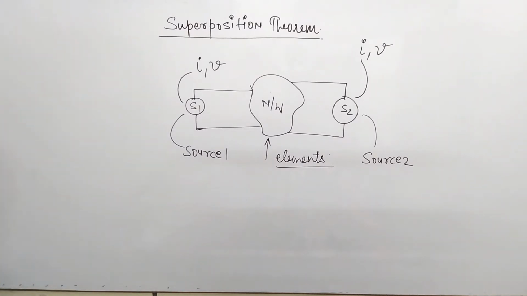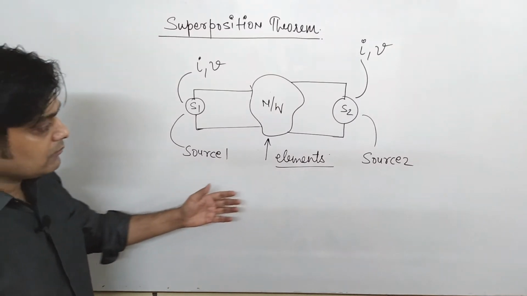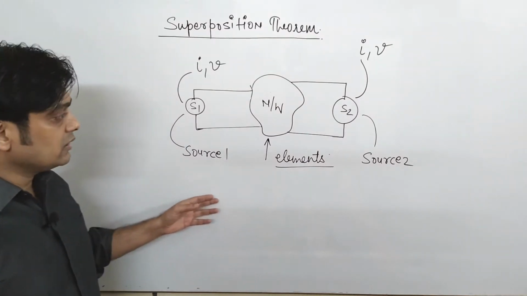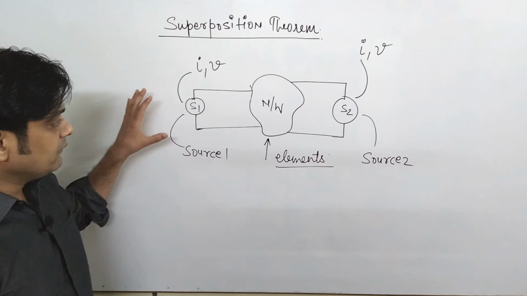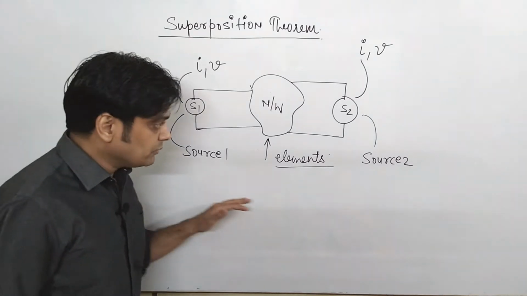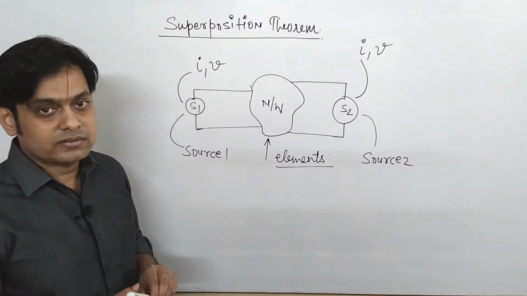This is all about the statement of superposition theorem. You can go through your textbooks also to understand that statement. However, we will focus here on how the superposition theorem is applicable in networks to solve them.